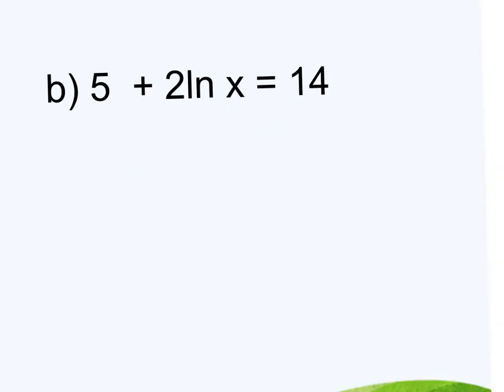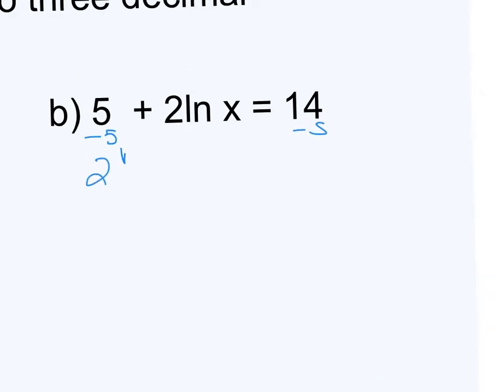All right, this one says 5 plus 2 ln of x equals 14. So the first thing you have to do, well, not really the first thing, because I can rewrite that as log base e first. But one of the things I have to do is work so that that log is on the side by itself. So how do I do that? Subtract the 5, and I'd get 2 ln of x equals 9.